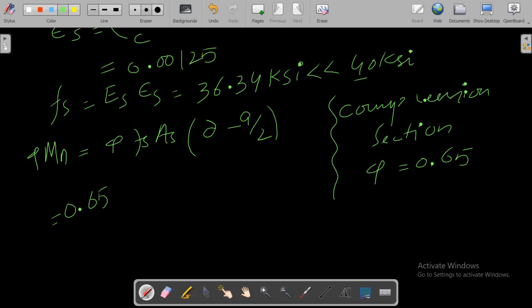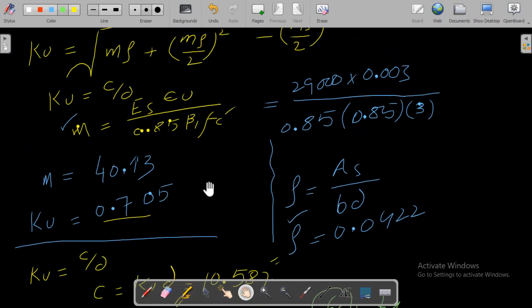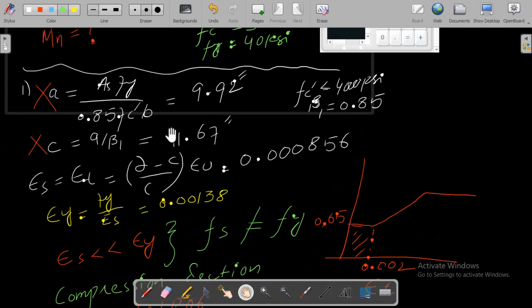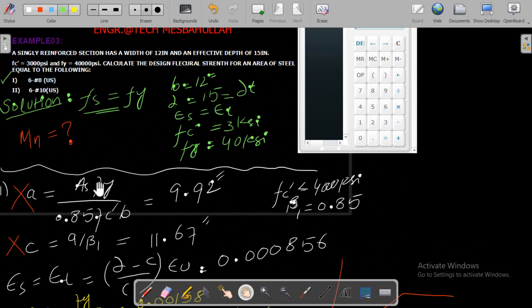0.65, Fs is 36.34, times area of steel. We have not yet calculated the area of steel here, although you can easily calculate it, as we have 6 number 10 bars. So the area of steel is 6 times 10 divided by 9 square.